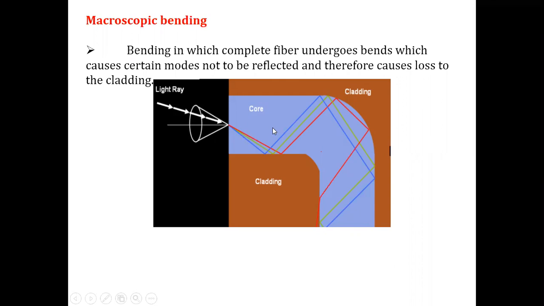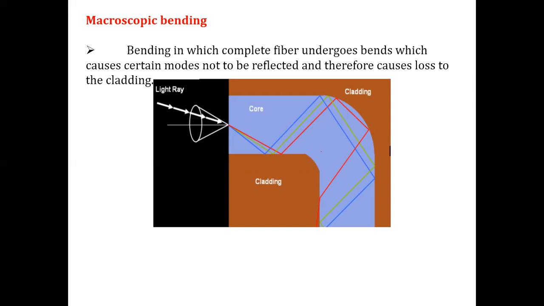So here the change in the spectral attenuation caused by macro bending is different from micro bending. So usually there are no peaks. So here in this macro bending, there are no peaks and troughs, because in macro bending, no light is coupled back into the core from the cladding, as can happen in the case of micro bending.